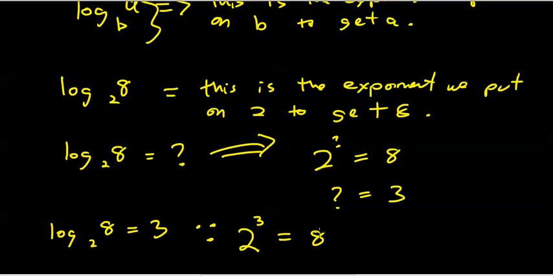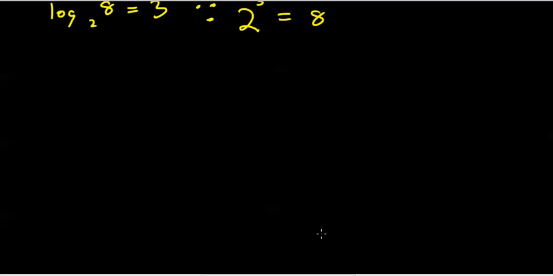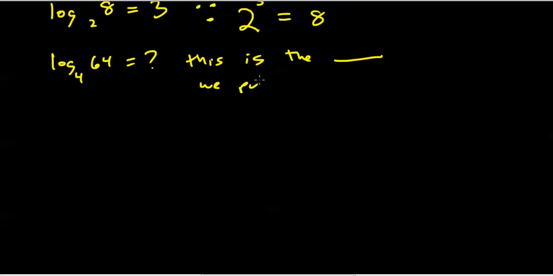Let's try another example. Let's say the log of 64 base 4. Let's say I don't know what it is. This expression is the what we put on what to get what, and I'll ask you to fill in the blanks.